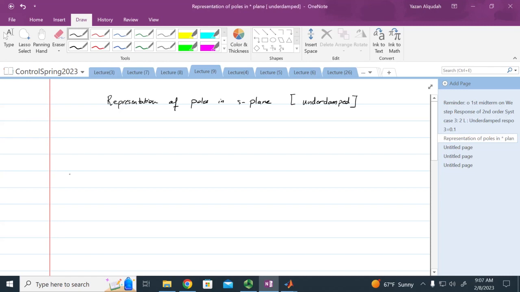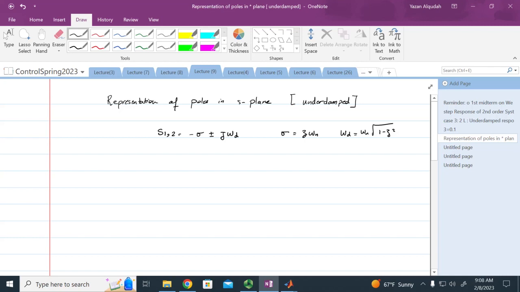So the pole locations when the system is underdamped are given by s1,2 equal to negative sigma plus or minus j omega d, where sigma is equal to zeta omega n, and omega d is equal to omega n square root of 1 minus zeta squared.